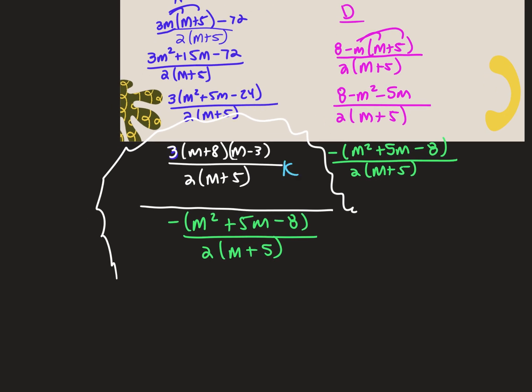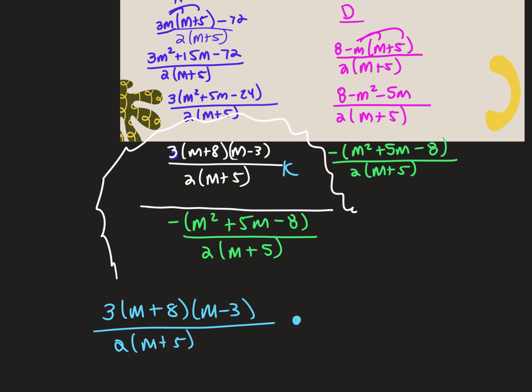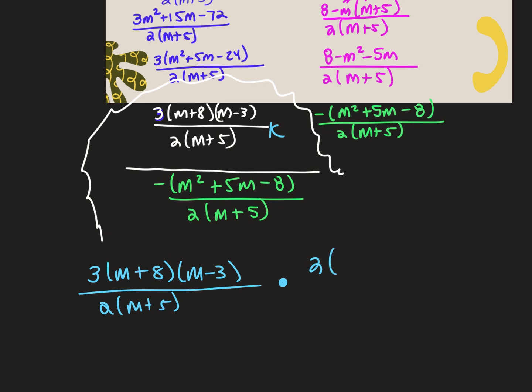So I'm going to keep this first fraction the same: 3 times m plus 8 times m minus 3 over 2 times m plus 5. I'm going to change my division to multiplication, and I'm going to flip. So this is going to become 2 times m plus 5 over negative m squared plus 5m minus 8.